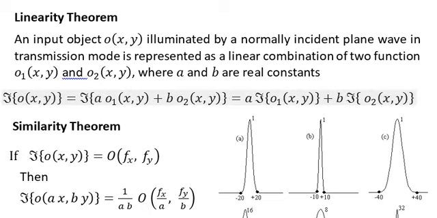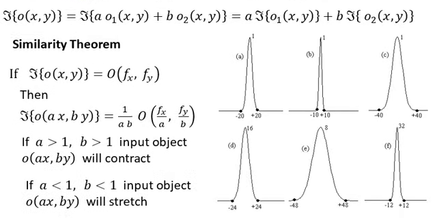This linear operator will go inside the curly brackets and operate on the x, y dependent quantities. So on the right hand side we have A times the Fourier transform of O1 at x, y plus B times the Fourier transform of O2 at x, y. You have noticed that the Fourier operator can penetrate inside the curly brackets and operate on all the quantities which are x, y dependent. This is the linearity theorem.